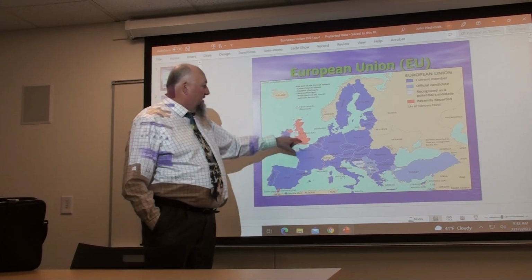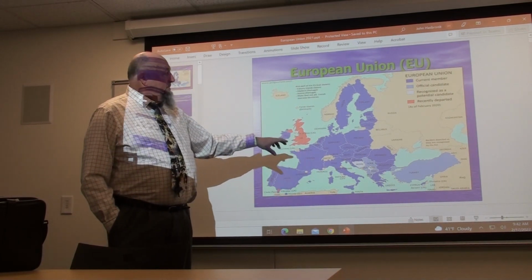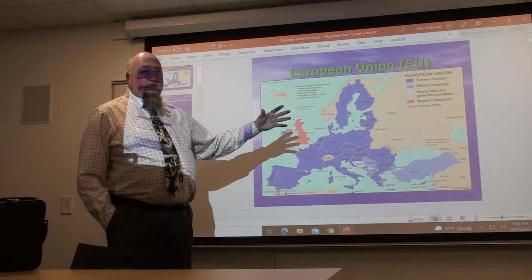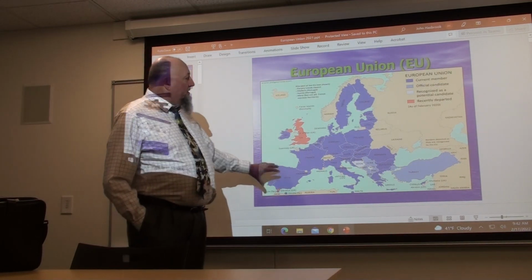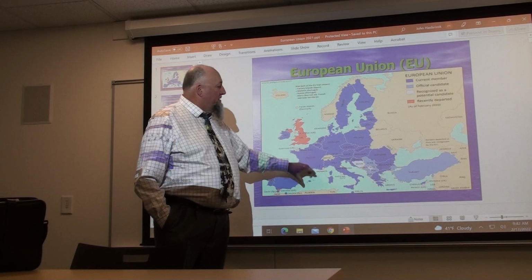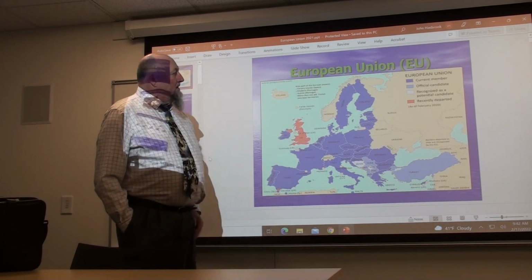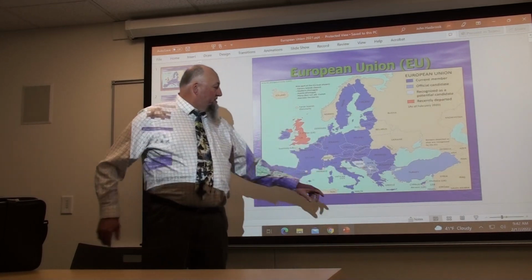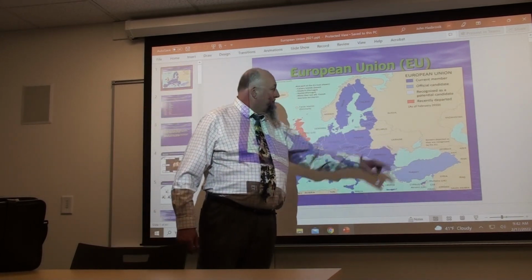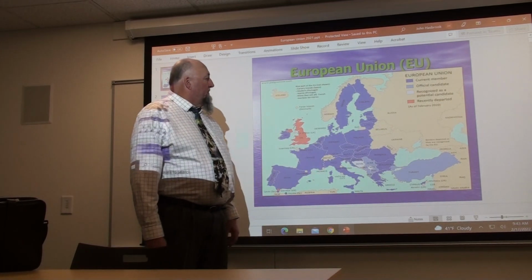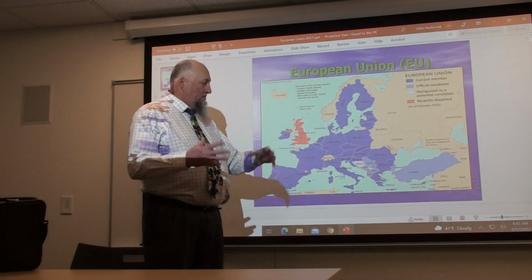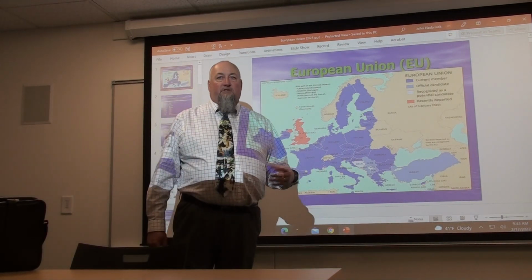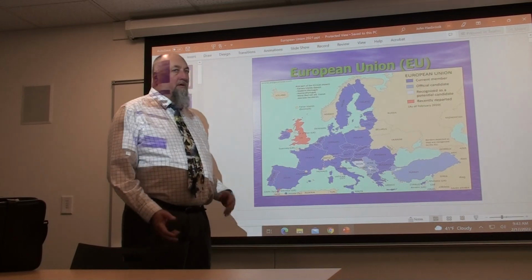So the UK is now withdrawn from the European Union, and of course we're still working out the details on that. But currently we have 27 members that make up the EU in its current configuration. There are candidate members, which are in the light blue here, working on various issues that need to be resolved before they can be entered into the EU, if ever.